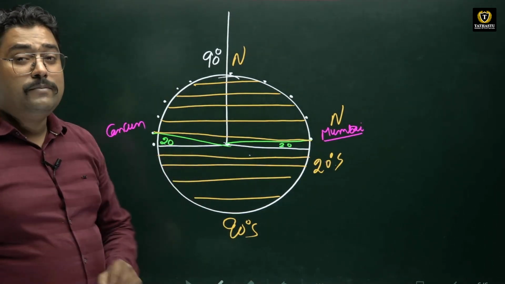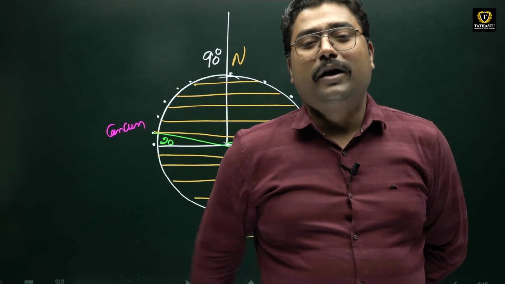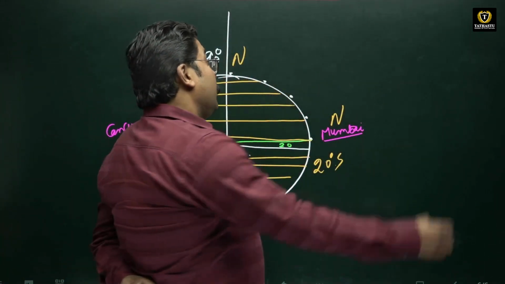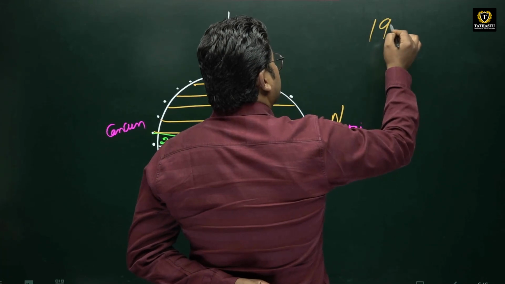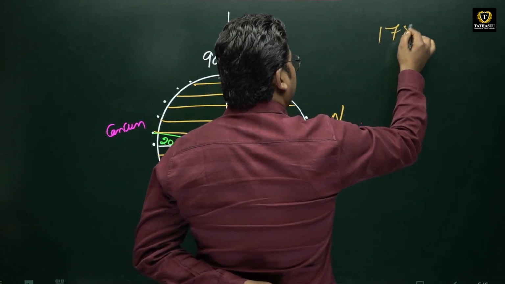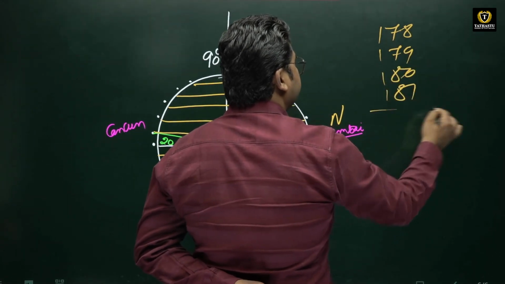Now the question comes, so there are how many latitudes on earth? I am giving you the options: 178, 179, 180 and 181.